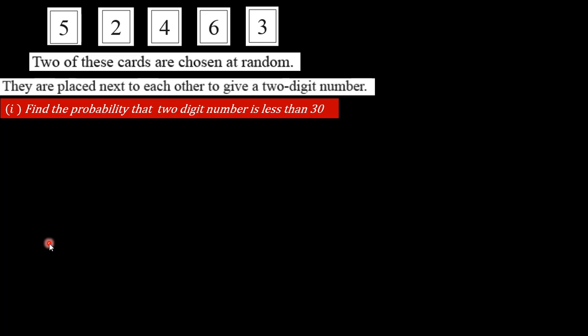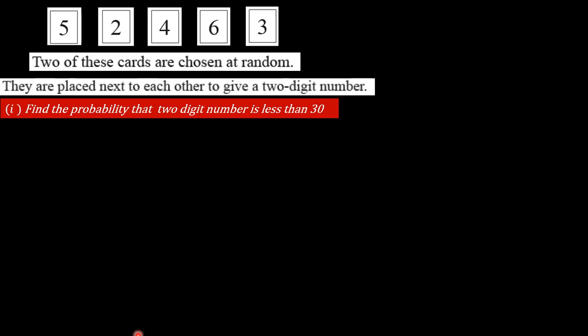Dear students, I am assuming here that you are well aware of the tree diagram construction. If not, do go back and check the earlier tutorial, whose link I am going to leave in the description box.